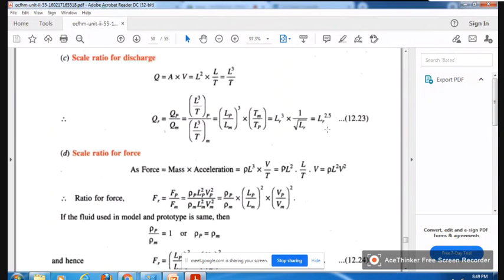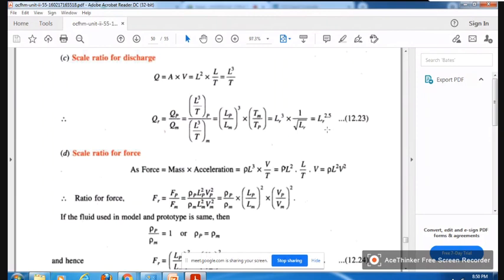Second, if the variables are many, it is difficult to conduct experiments, so the variables can be reduced to fewer variables; we have the Buckingham Pi theorem for that. Third, if you want to construct a model in the laboratory, these dimensionless numbers, Mach number, Reynolds number, Weber number, and Froude number, are the basis. Based on these we will construct the model.